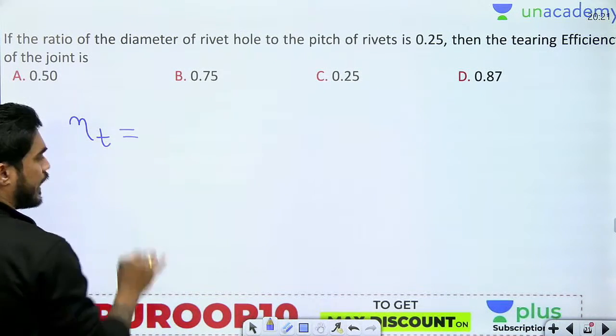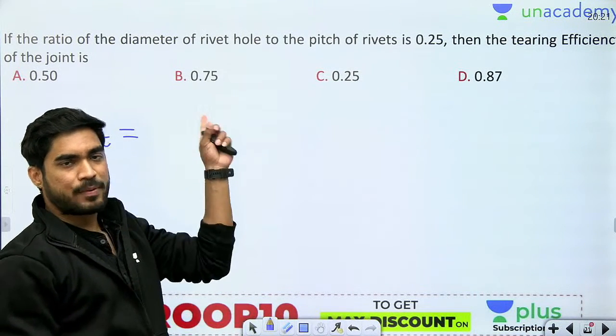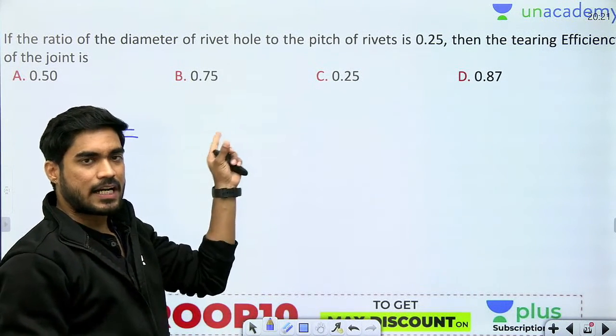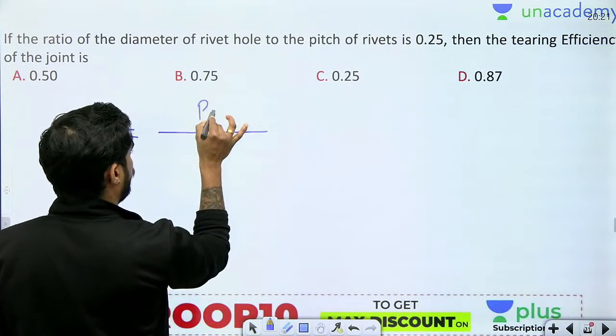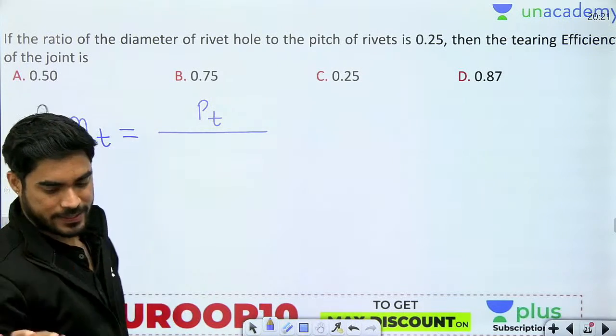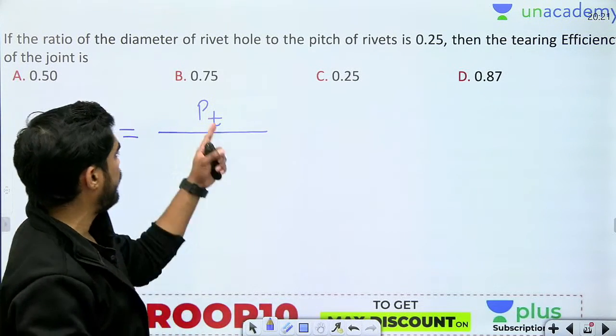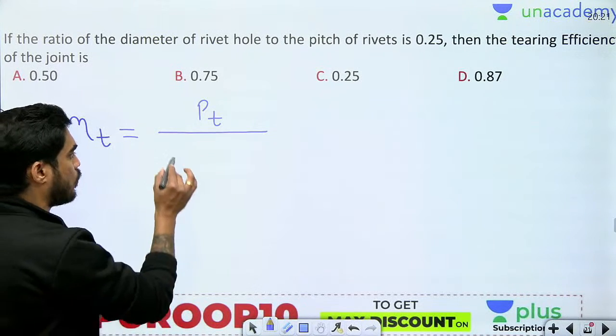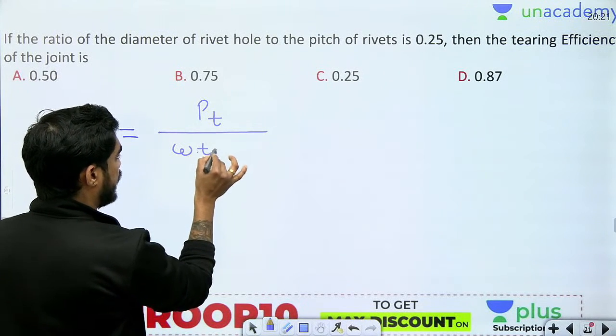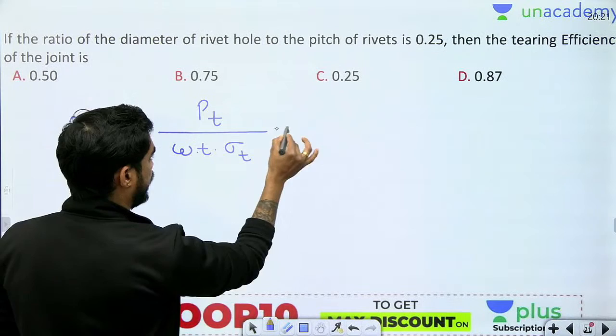Joint efficiency is minimum of PS, PT, PC divided by W T sigma T. But tearing efficiency means ऊपर minimum of PS, PT, PC नहीं करेंगे, ऊपर will be PT. Tearing efficiency पूछा तो ऊपर tearing load ले लो, divided by W into T into sigma T.